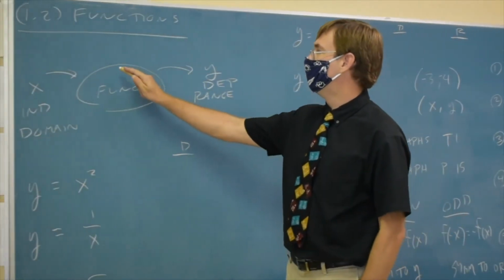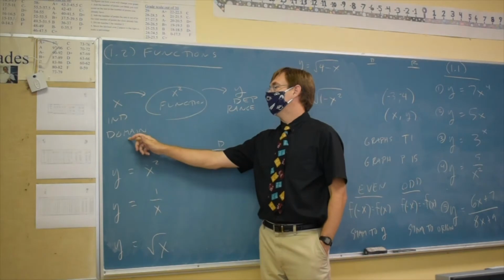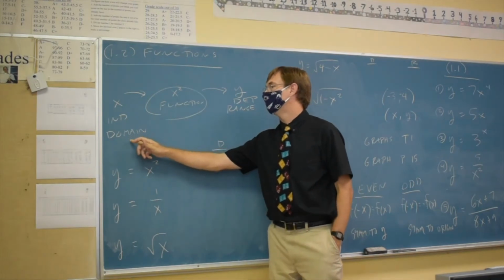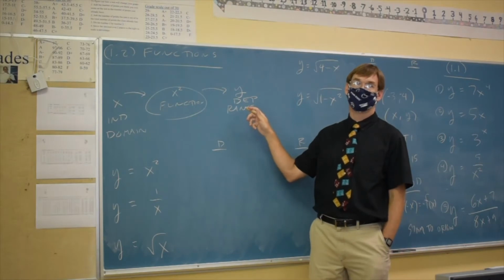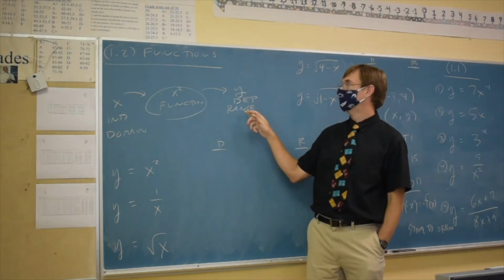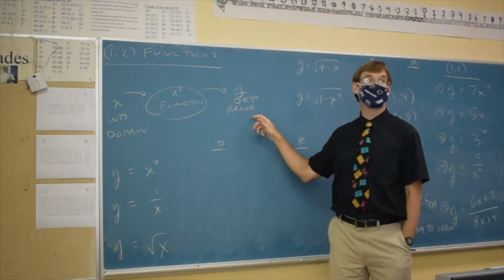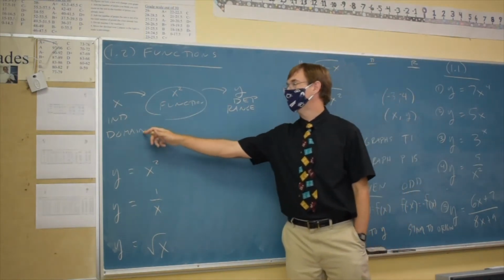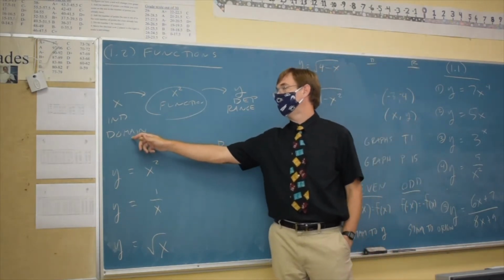If our function was x squared, and 2 was part of the domain, when 2 goes in, out comes, and we're squaring, 2 goes in, 4 comes out. So if 2 is in the domain, 4 is part of the range. 4 could also be part of the domain.